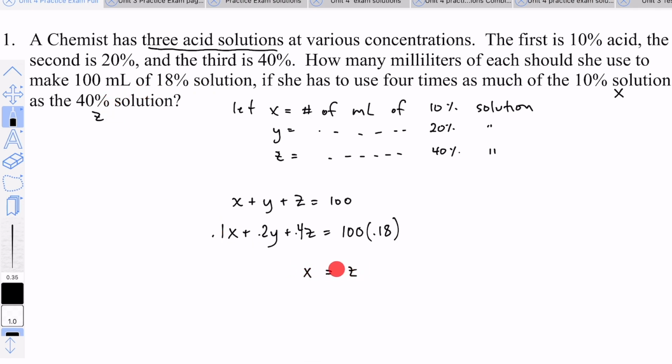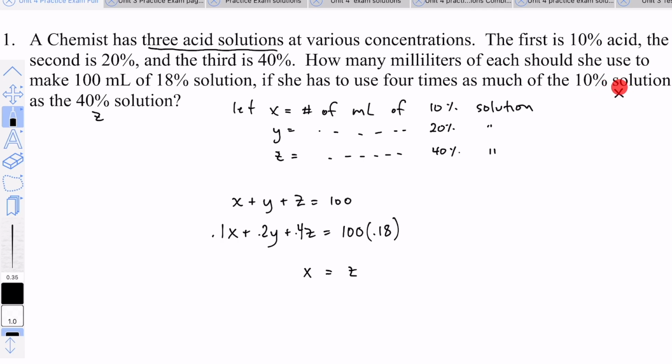So I know that these numerical values are not equal to each other. This statement right here says that the numerical value of the 10% solution is already 4 times as much as the z solution. So for example, just throwing out random numbers, if we find out that this chemist has to use 20 milliliters of the 40%, then according to this statement, she's going to have to use 80 milliliters of the 10%.